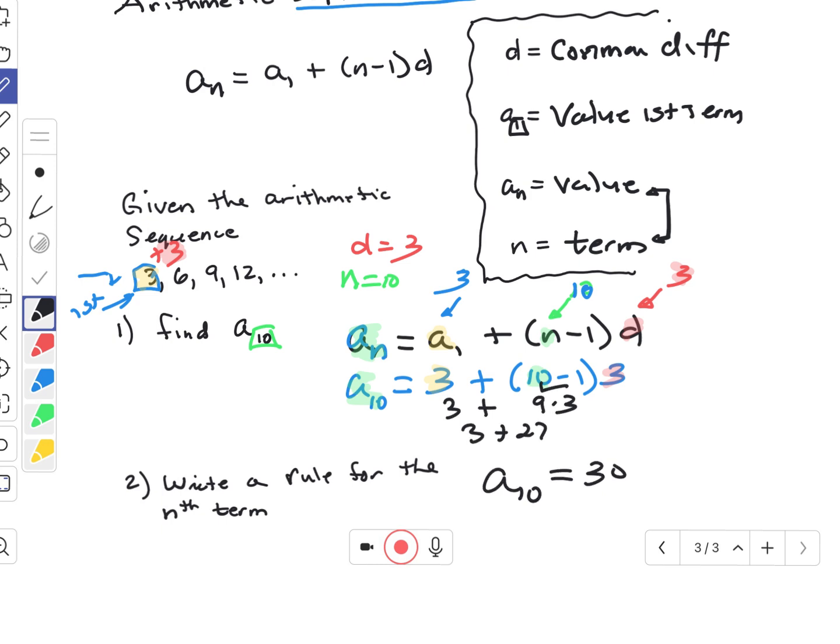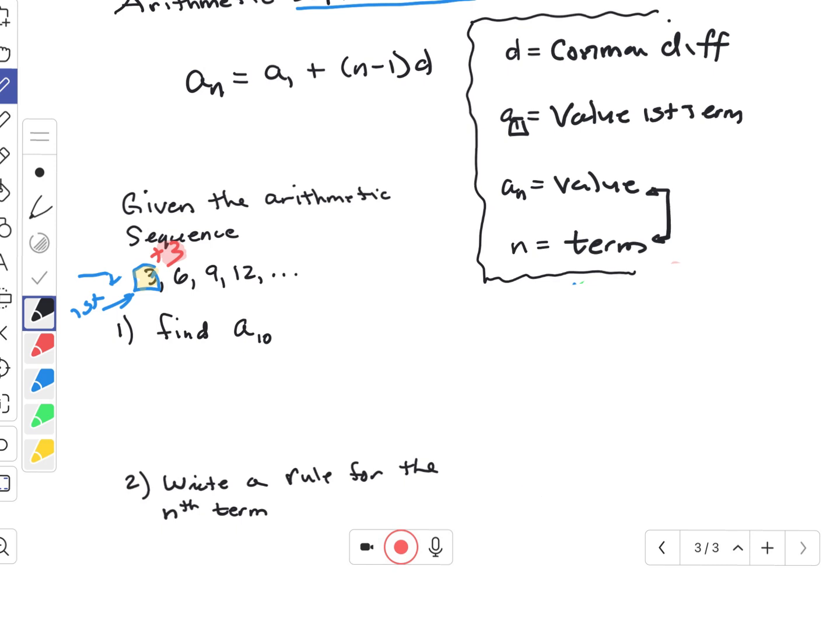You certainly could have just added 3, added 3, added 3, and just kept on going, right? You could have said 15, and then 17, and then 20, and then 23, and 26, and 29, and then 1, 2, 3, 4, 5, 6, 7, 8, 9, 10. I think I made a mistake there, right?